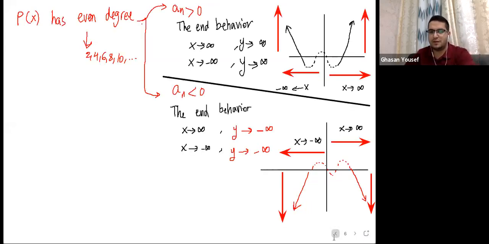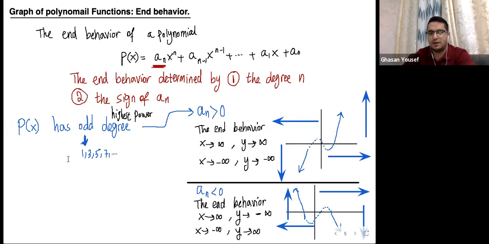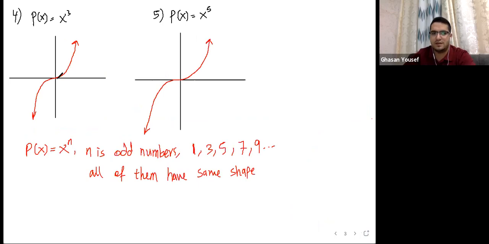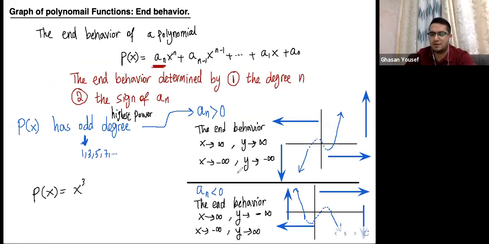If you need a simple example for the first one, P of x equal x cube. This is the basic example. The graph of this one is the same as this. And the same graph like this.